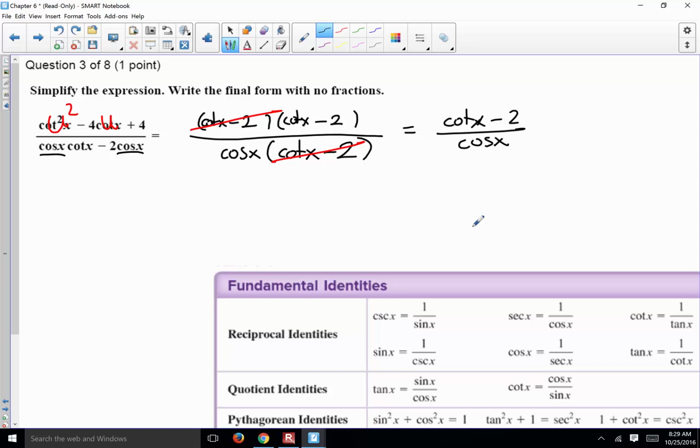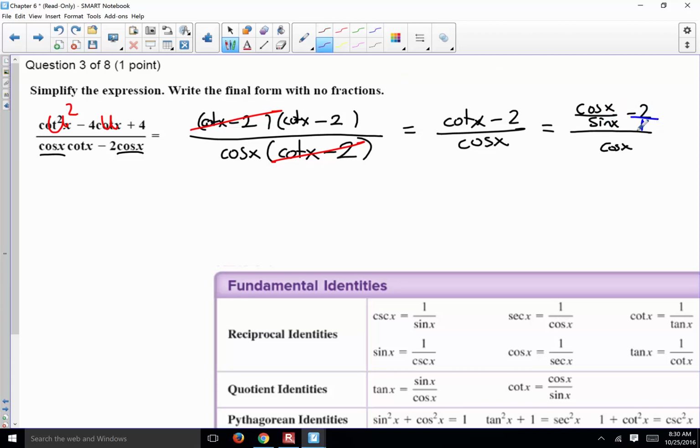Now let's do what Kyle said. Because I need something common, cotangent is cosine x over sine x minus 2, and this is cos x. And I will set these denominators the same, sine x and 1, and combine these two.